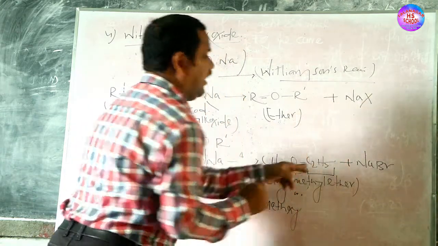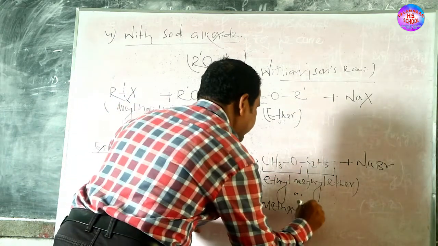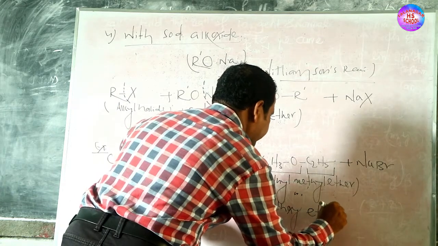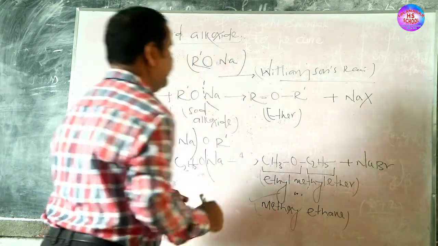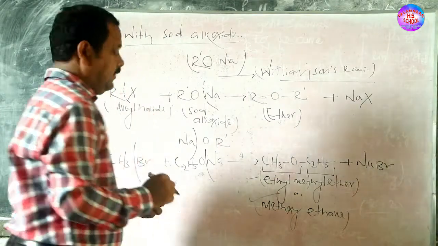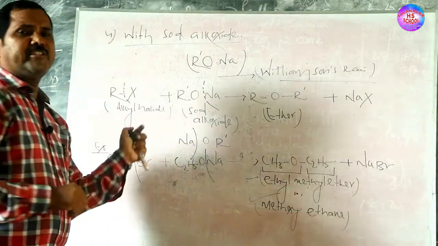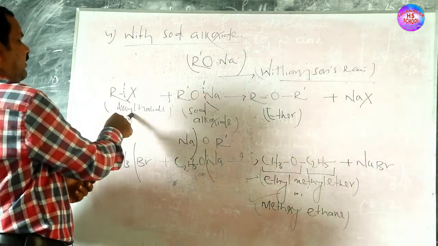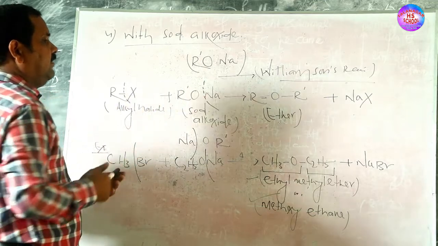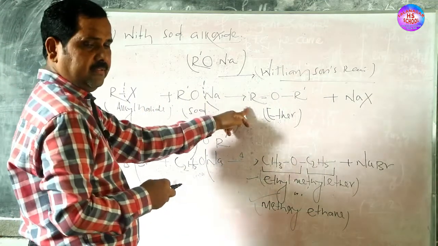With a 2-carbon alkane, ethane, methoxyethane is the IUPAC name and ethyl methyl ether is a common name. And in this reaction, an alkyl halide reacts with the sodium alkoxide to produce an ether.